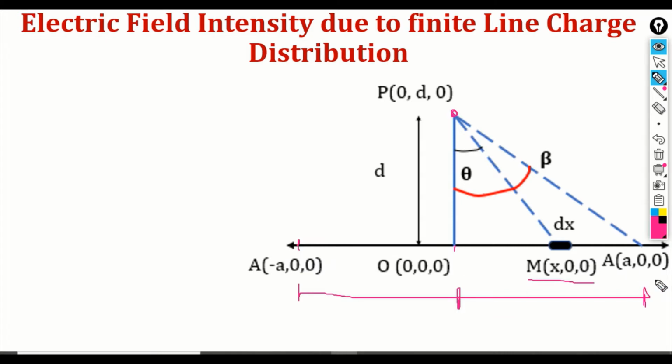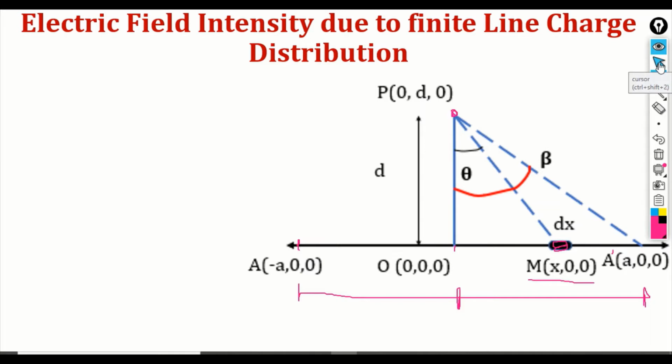So the total length comes out to be equal to 2a. This small element dx we are observing is making an angle theta, and if I move this point from the origin to the end point A dash, it is making an angle of beta.